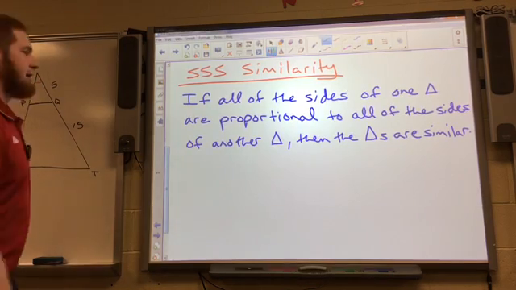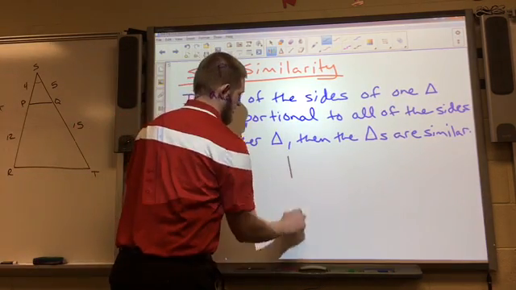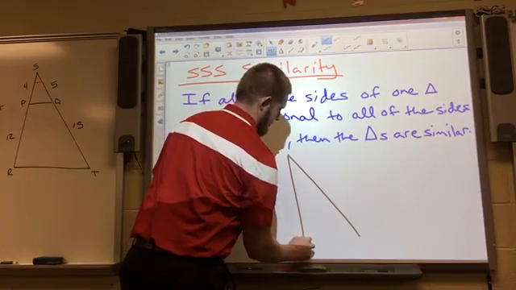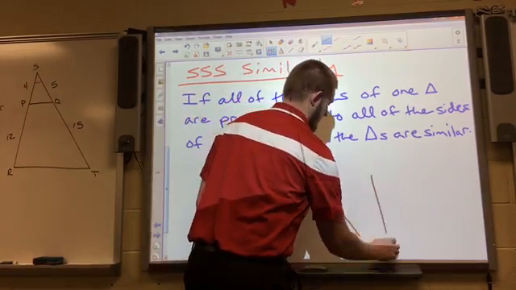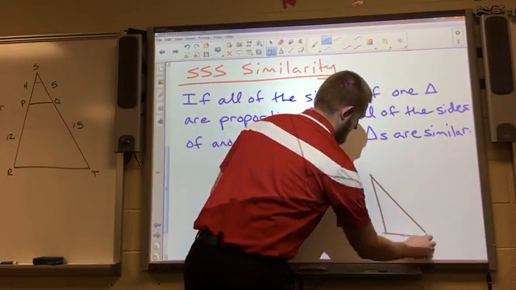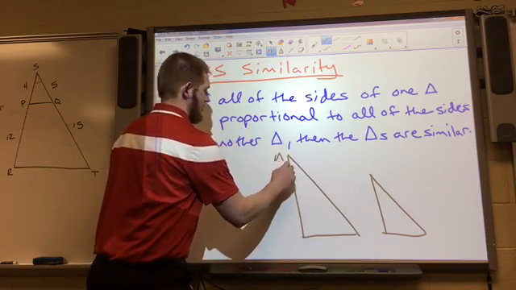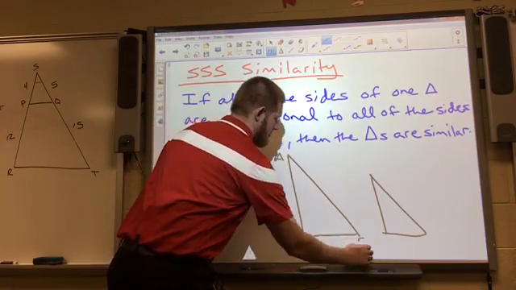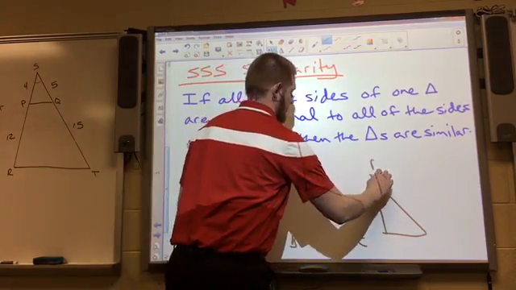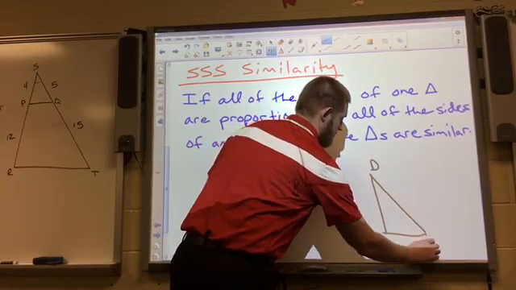Okay. The diagram that you can put along with that, a lot of different diagrams you could draw, but the one I'll give you looks something like that. So I have triangle ABC and triangle DEF.